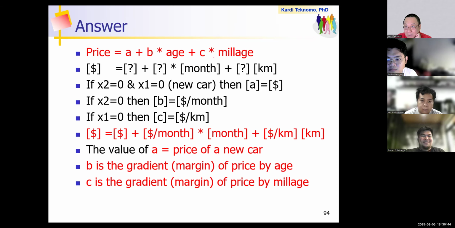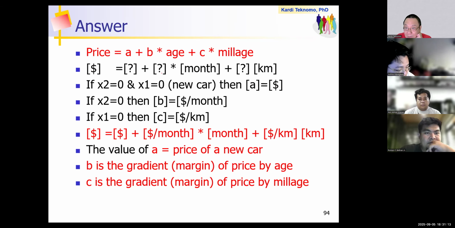Age is in months. C is multiplied by mileage, and mileage is in kilometers, right? Then you set the two of them to 0, age and mileage are 0, then you get A. So in that case, the unit of A is the same as the price. If this is pesos, it's pesos; if dollars, then dollars. Now we have A.